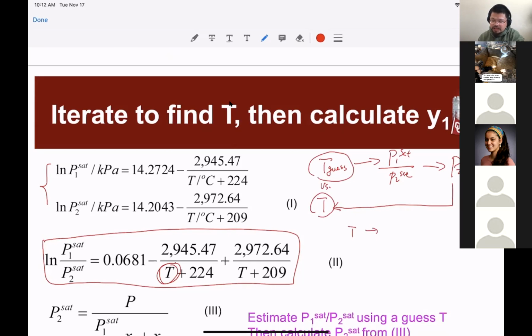If you know the temperature, then the exact values of P2 sat, P1 sat will be available to us. Then just pick up any of the Raoult's law equations, and you're able to figure out y1 and y2.